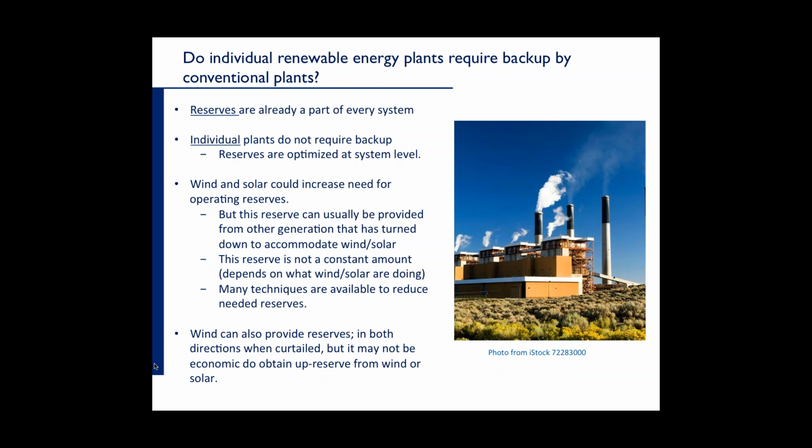If it's at 100%, it might drop off, and so I might want to have some sort of reserve, not necessarily one-to-one reserve, but a reserve to help me in case the wind does drop off. But I know that if the wind is at maximum output, it can't increase, and so I don't need to worry about down reserves from other units. So there are a number of methods for calculating this, but essentially this is a dynamic reserve that depends on what the wind and solar is doing.